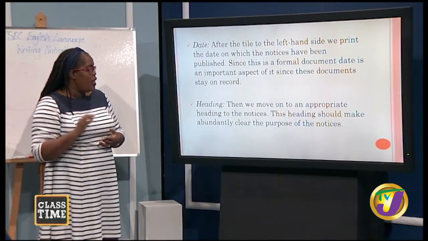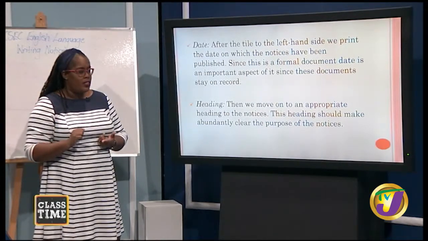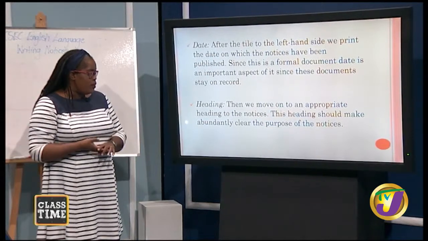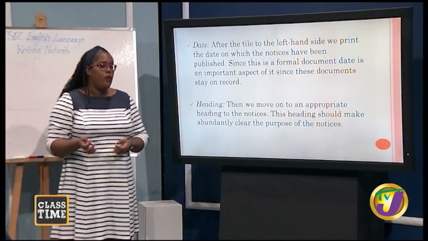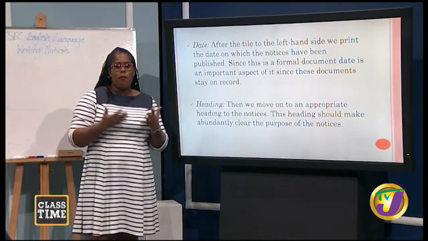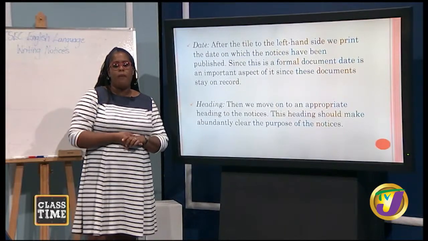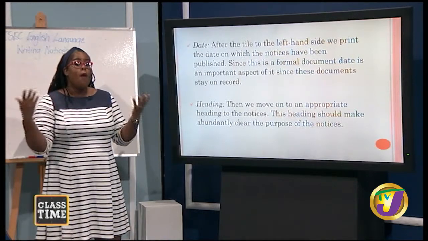Heading. Then we move on to an appropriate heading for the notice. This heading should make abundantly clear the purpose of the notice. Now, I can remember when I saw one of the notices, the public notice, that is the heading, public notice.